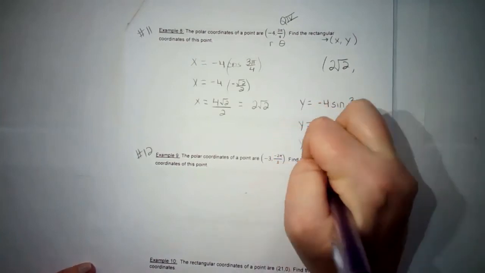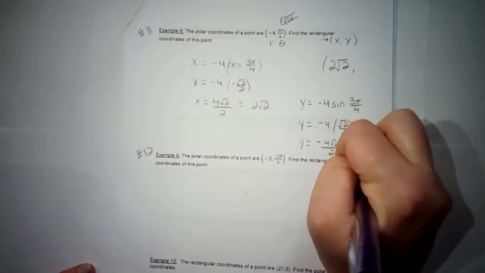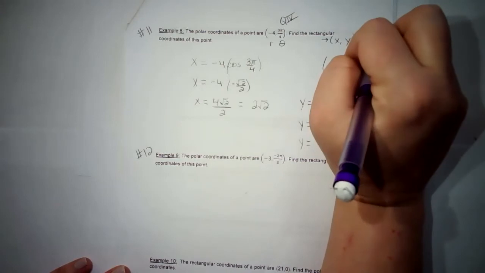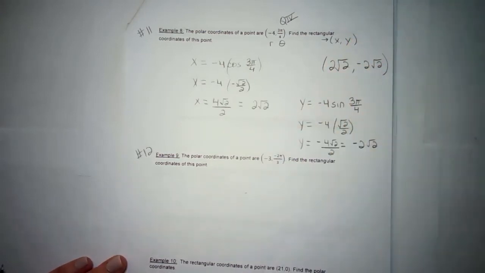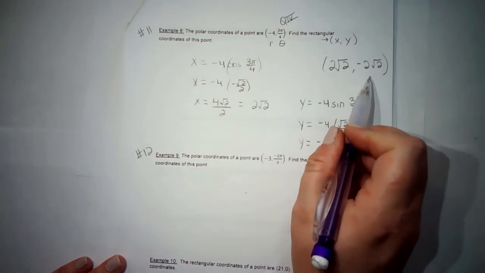That's going to be negative 4 root of 2 over 2. It's going to reduce to negative 2 root of 2.